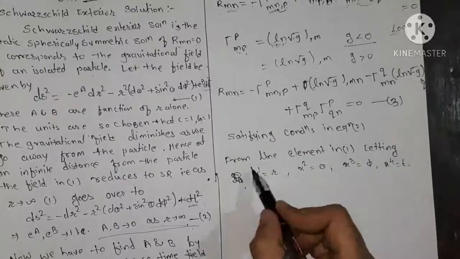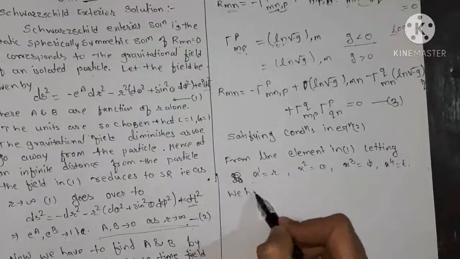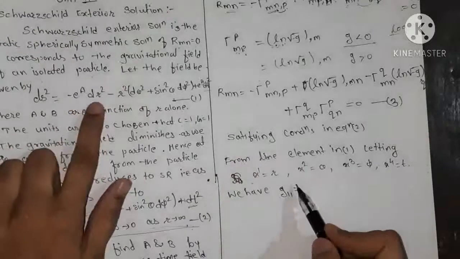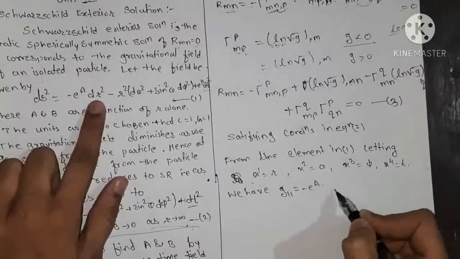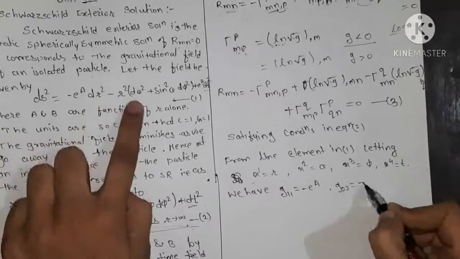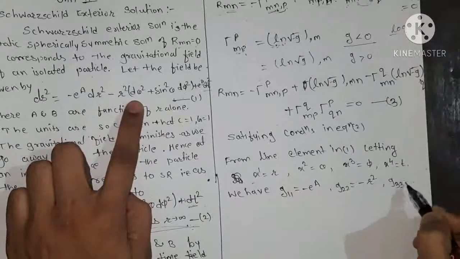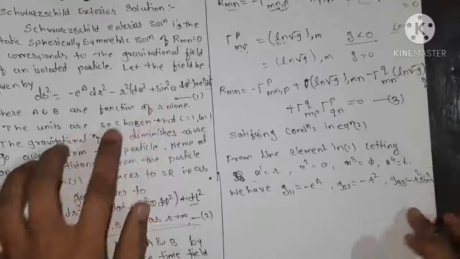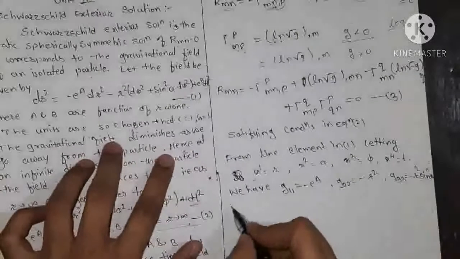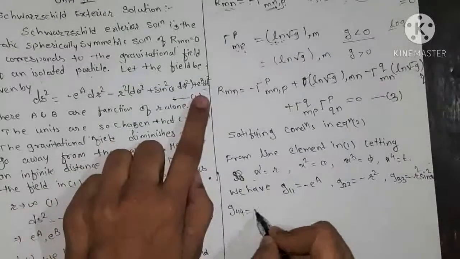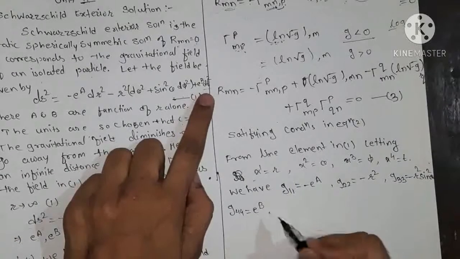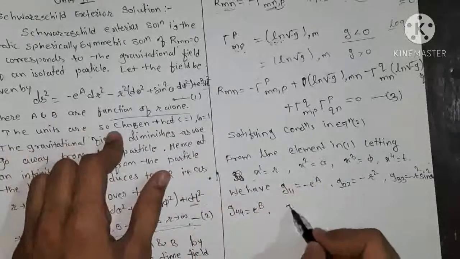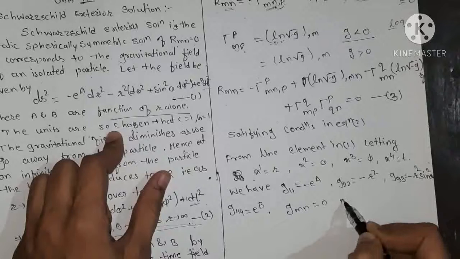From this we have g11 equals the coefficient of dr squared, so it is minus e to the power a. g22 equals minus r squared, g33 equals minus r squared sine squared theta, and g44 equals e to the power b, where a and b are functions of r alone. Remember this also. And g_mn equals 0 when m not equal to n.